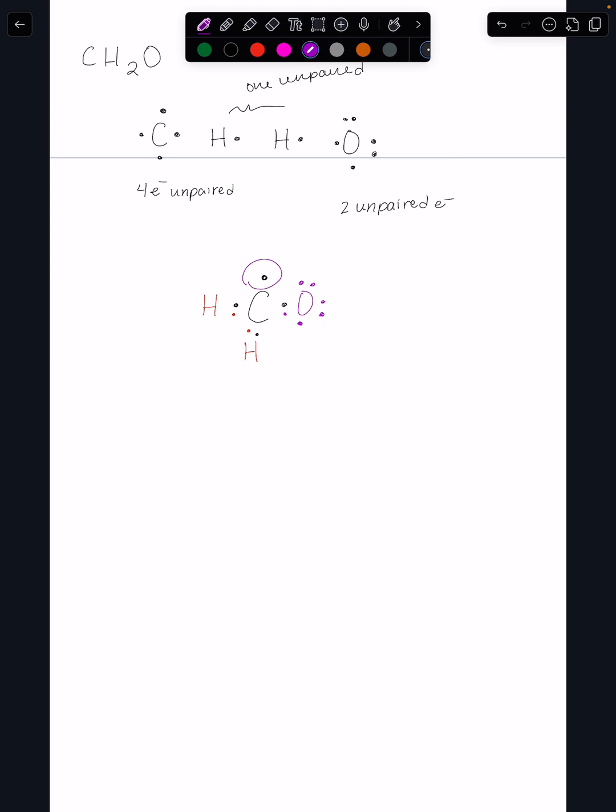Hold on, I'm drawing something wrong. 1, 2, 3, 4, 5, 6, 7. So what's going to end up happening is this electron from the carbon is going to come here, and this electron from the oxygen is going to come here to make a double bond.